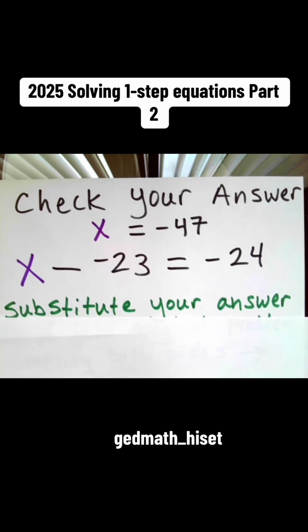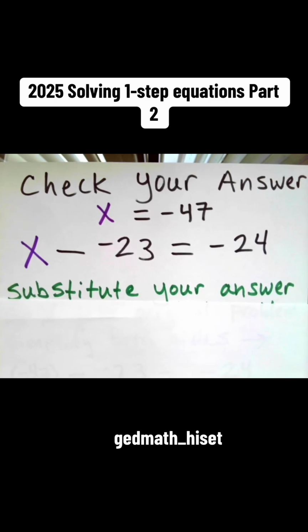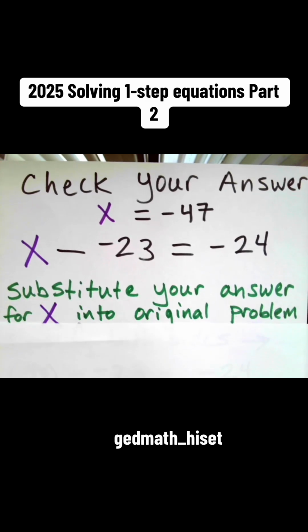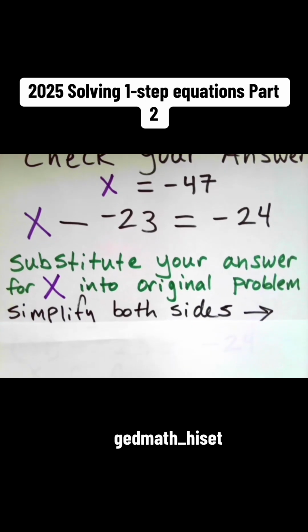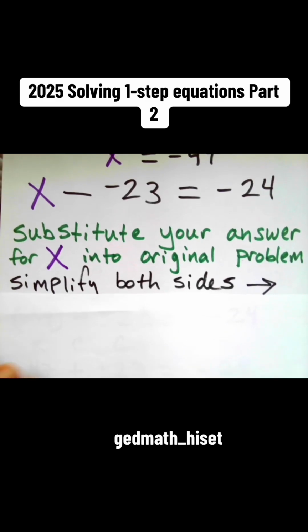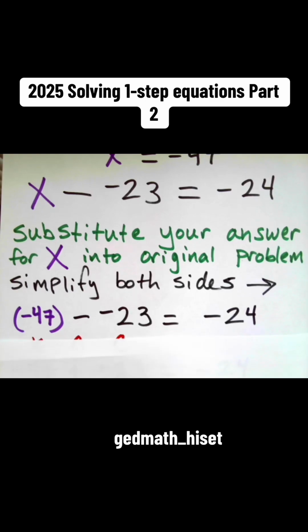So let's go ahead and go through here. Again, you want to substitute your answer, negative 47 for x, into the original problem. And then you want to simplify both sides. So I'm going to put that negative 47, because x equals negative 47.